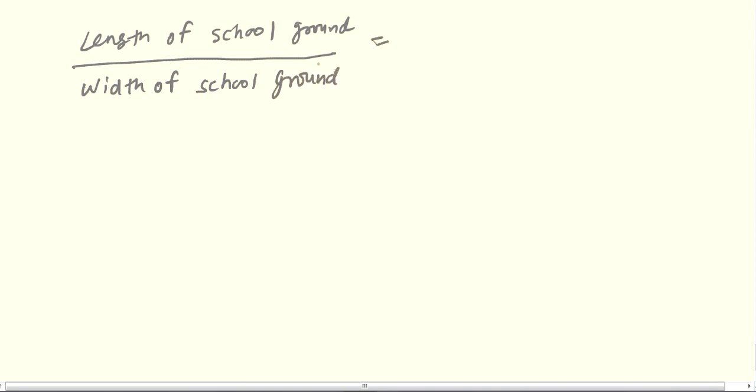Now the ratio is given, the ratio of length of school ground to the width of school ground. The ratio is given, 5 is to 2. 5 is to 2 means what? 5 upon 2. Now find the length. Find the length means length we have to find, so it will be the same.